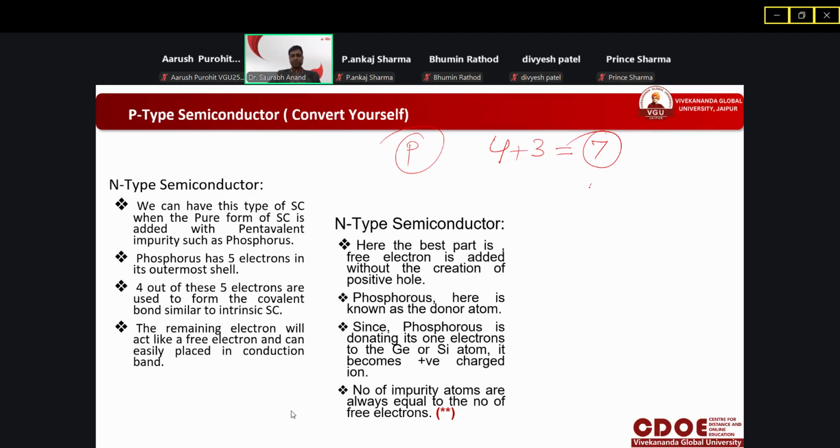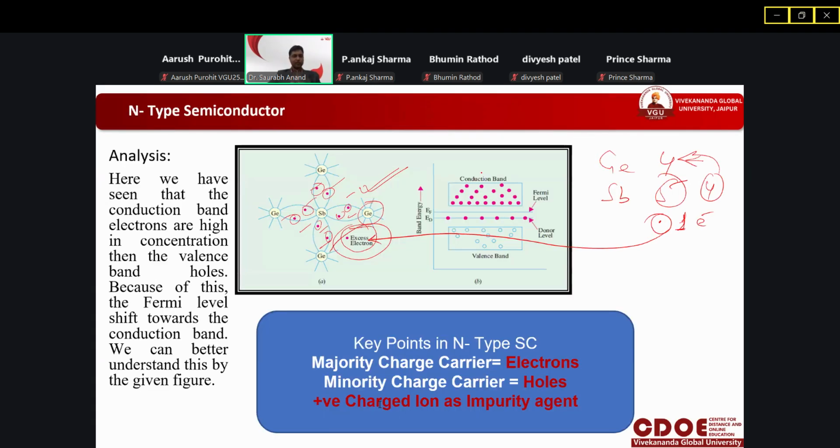So one vacant space is there, right? This vacant space is known as a hole. So this hole is the charge carrier for p-type, while the electron is the charge carrier for n-type. So there are two types of charge carriers, electrons and holes. Electrons in n-type, holes in p-type.